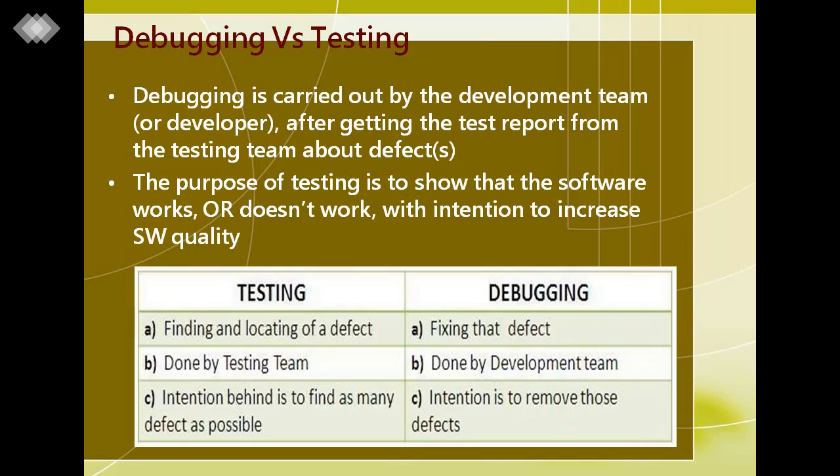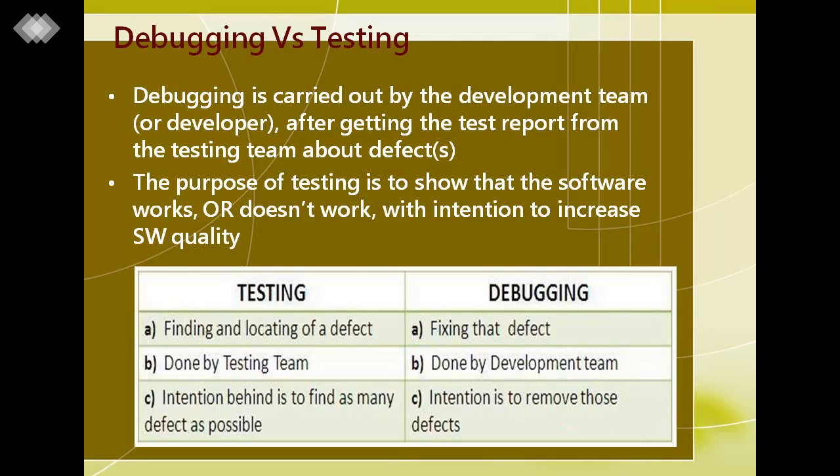In testing, the intention is to find as many defects as possible. In debugging, the intention is to remove those defects. So, this is the difference between testing and debugging. Testing is not debugging and debugging is not testing. There is a lot of difference between debugging and testing, which I have shown in tabular form in very easy language.